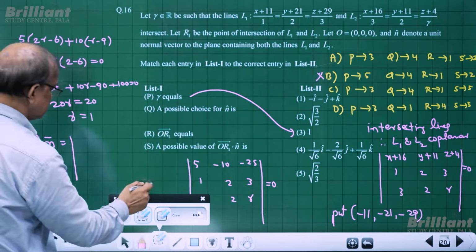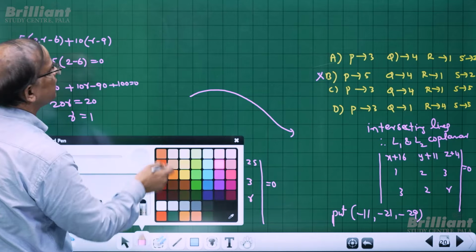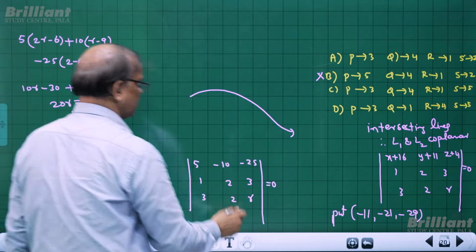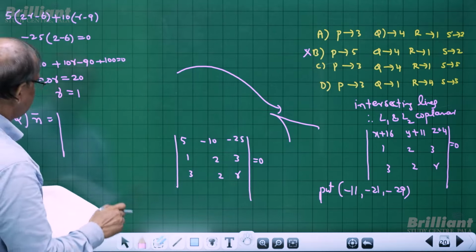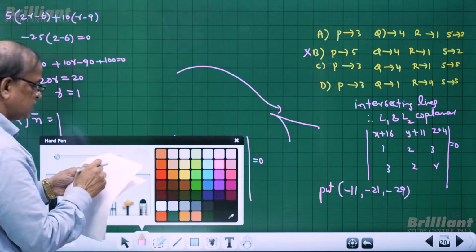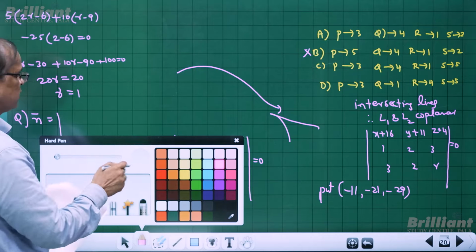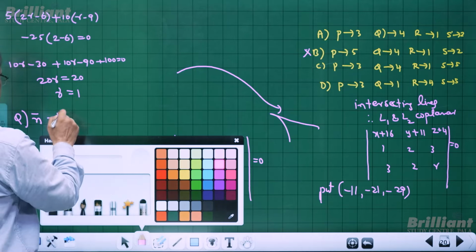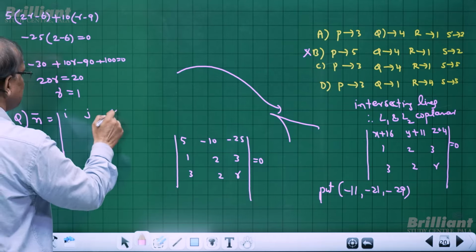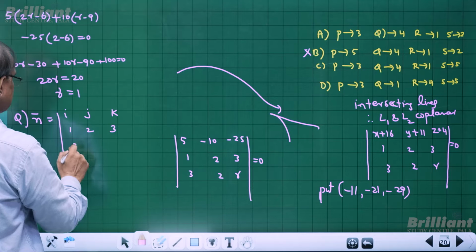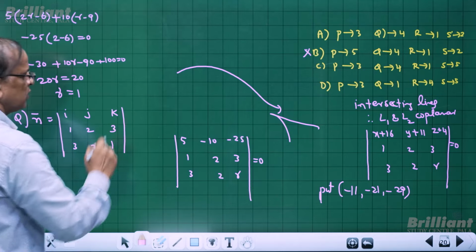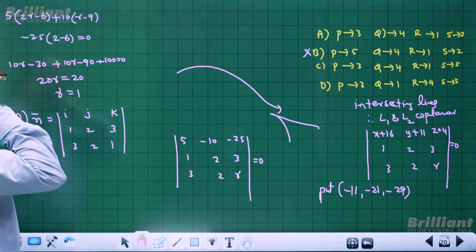So, n bar is a normal vector to the plane containing the given lines, and a possible choice for n bar is 1, 2, 3 cross 3, 2, 1 because gamma is 1.